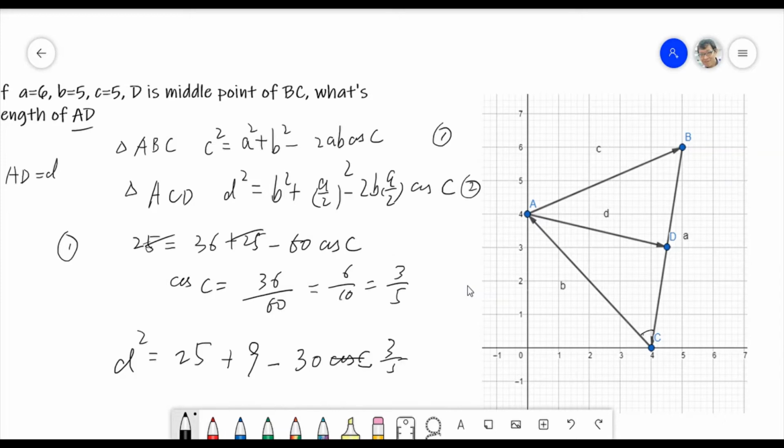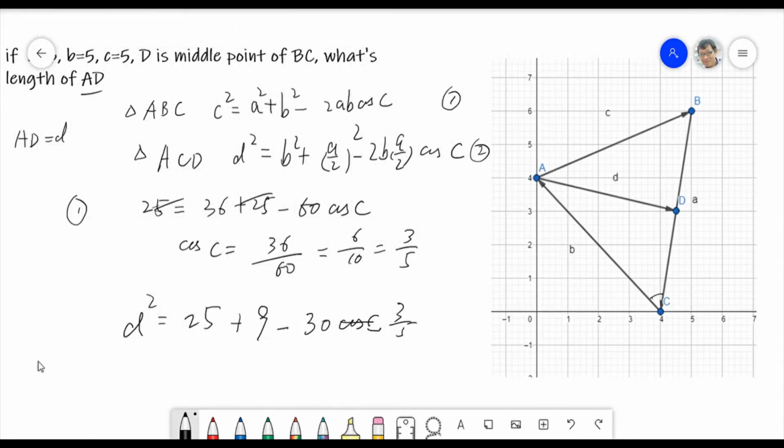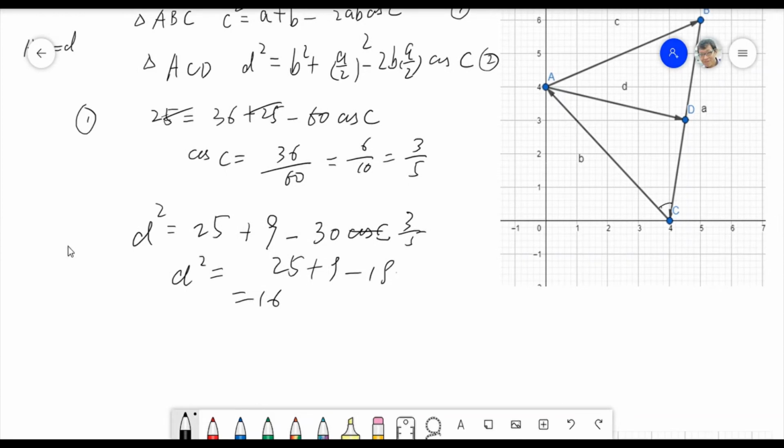So 30 times 3 over 5 is 18. So d squared equals 25 plus 9 minus 18. 25 minus 18 is 7, 7 plus 9 is 16. So d equals 4. Got it. So it's not easy, but based on the law of cosine, we can make it.